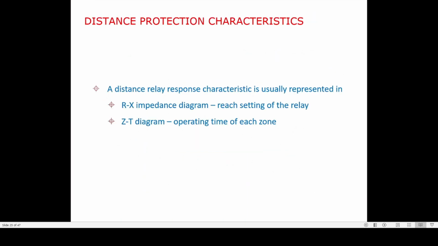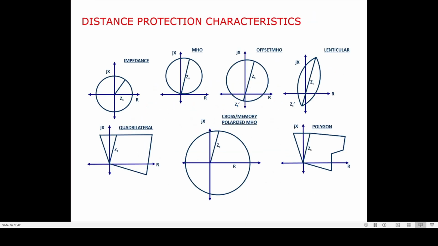Now, basically, for distance protection we have the following types of characteristics which are in use: impedance characteristic, Mho characteristic, offset Mho, lenticular, quadrilateral, cross polarized, and polygon characteristics. Impedance characteristic is the simplest type of characteristic in use.